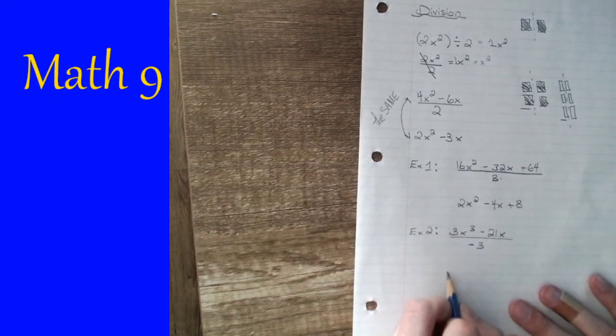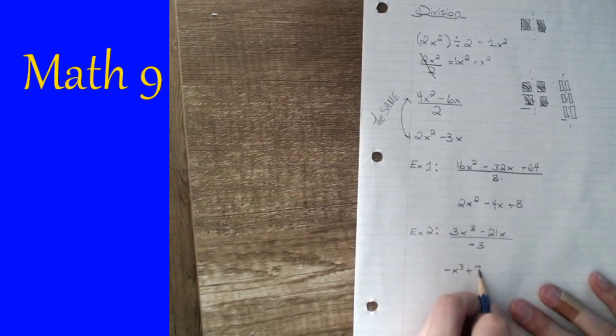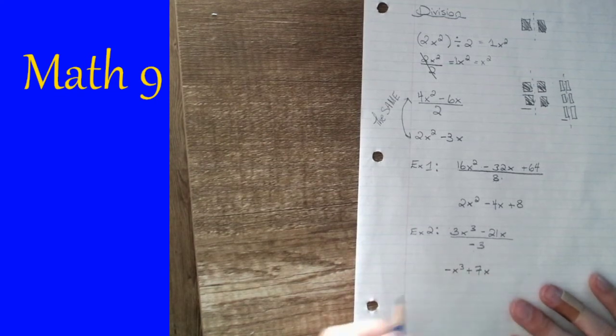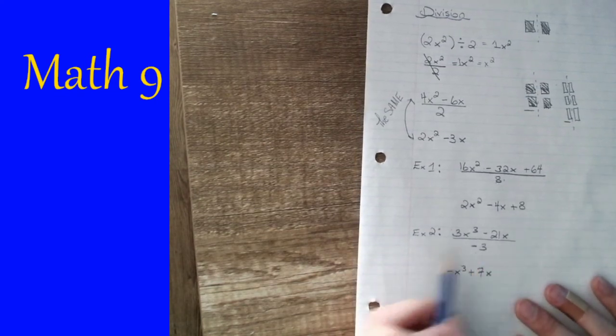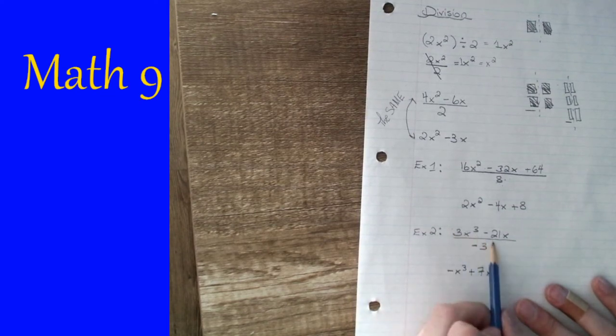So I'm going to get a negative x cubed. Then negative 21 divided by negative 3. 21 divided by 3 is 7. It's a negative divided by negative, so it's a positive 7x. And that's what I'm left with. That's my simplified version of this division statement.